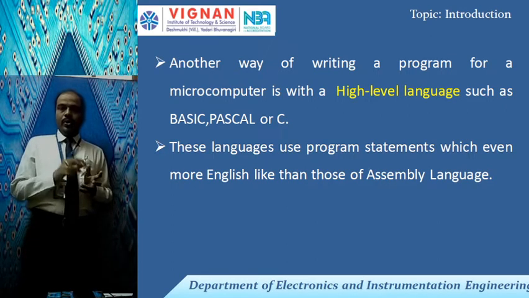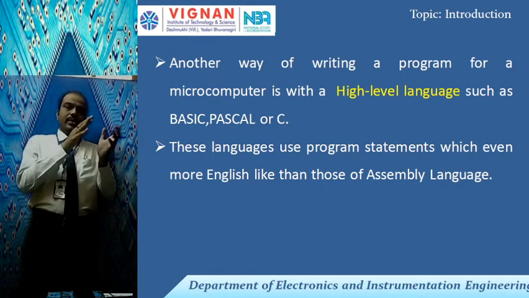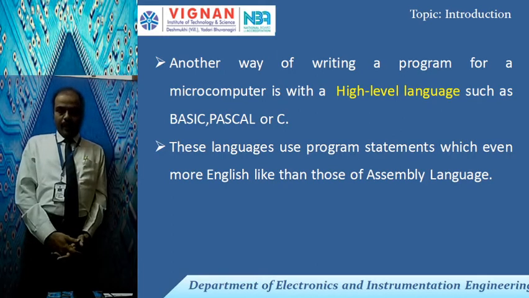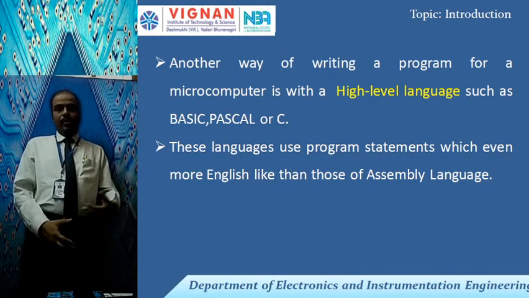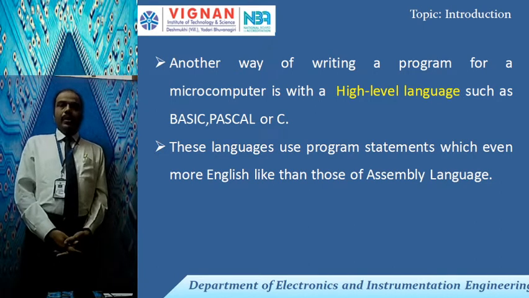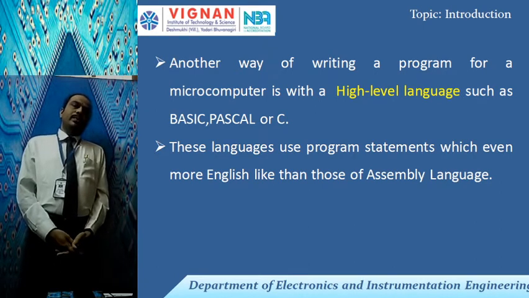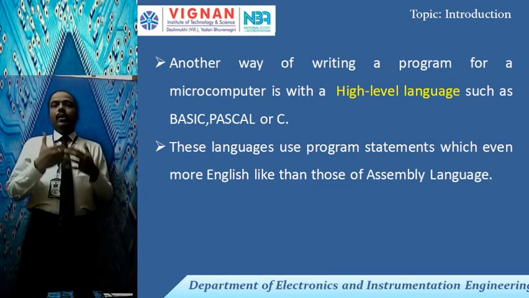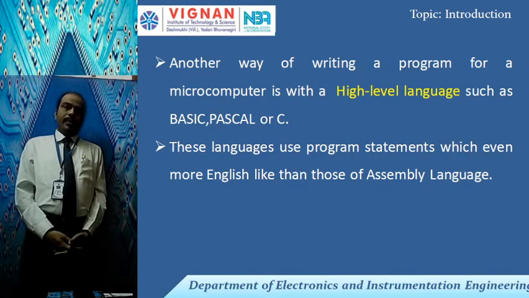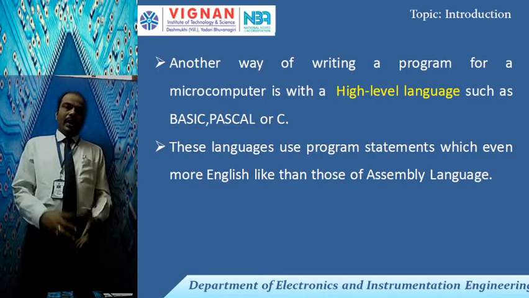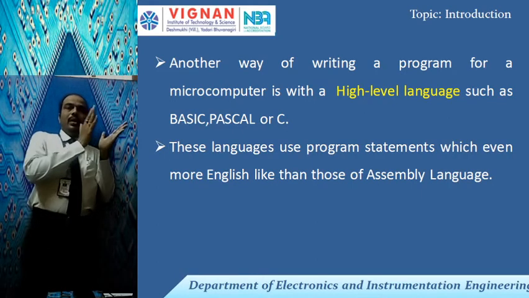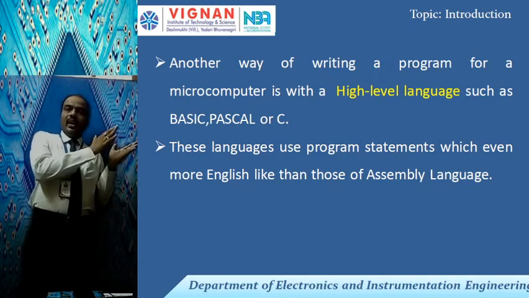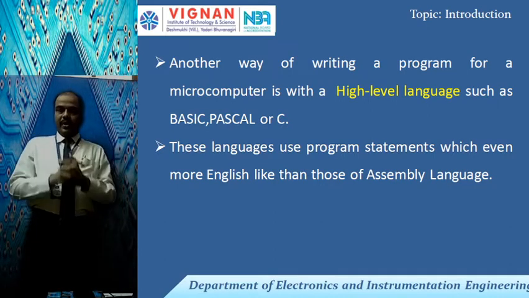In assembly language we use only 2 or 3 letters, mnemonics, but here we have more English, just like a statement. It is actually very easy, but this also cannot be understood by the computer or a microprocessor. For that we have a translator, that is the interpreter. The interpreter can translate the high level language into machine language.